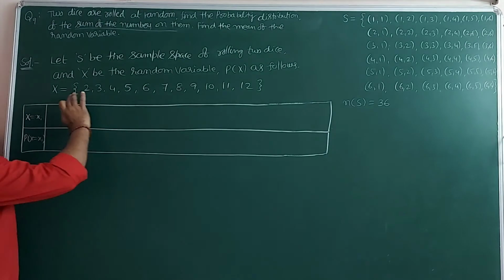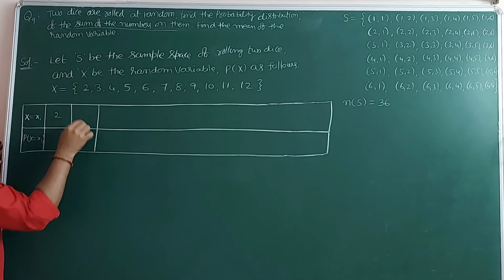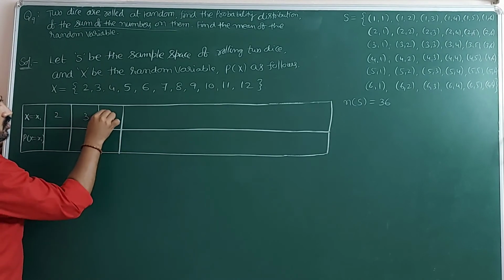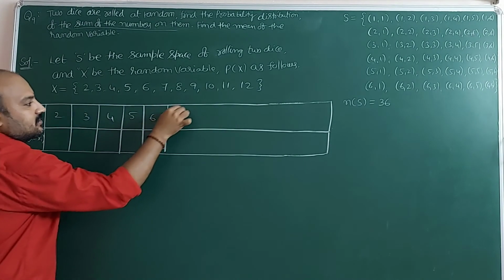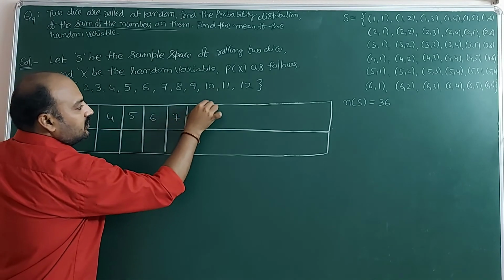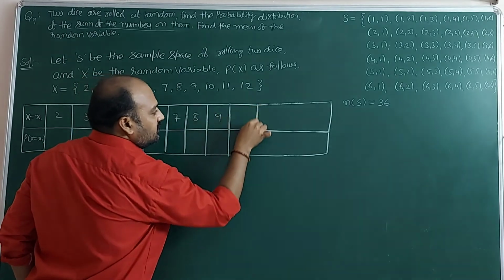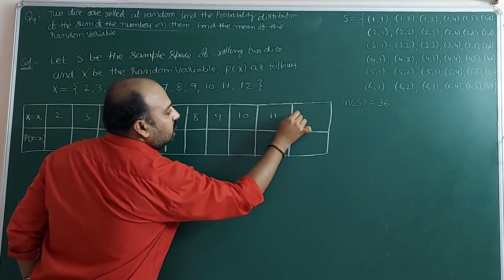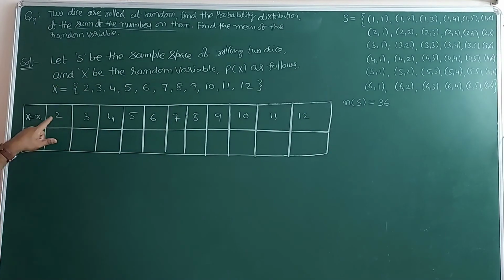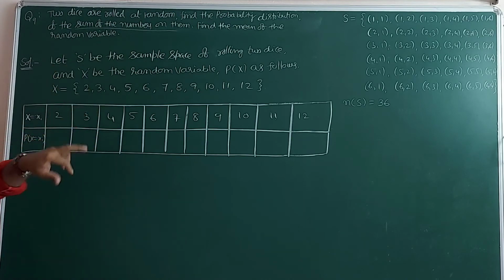So what are the random variables we have? 2, 3, 4, 5, 6, 7, 8, 9, 10, 11 and 12. So the sum of the numbers on the dice is 2.